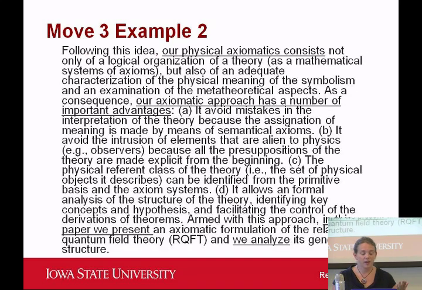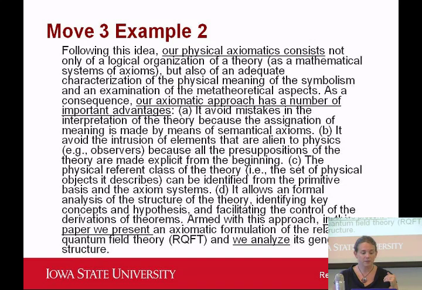In the example from physics, we have the same sort of thing. I apologize, the font is a little small, but I think you can read along with me. The authors describe the major characteristics and advantages of their physical axiomatics that are going to be presented in their paper. And so you can see that they just say what those axiomatics consist of.